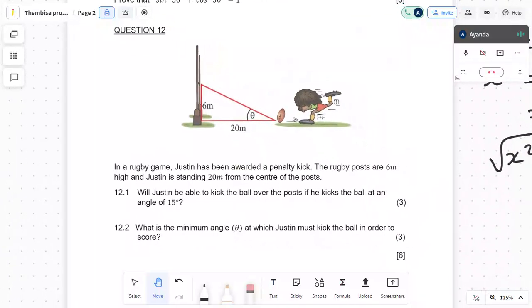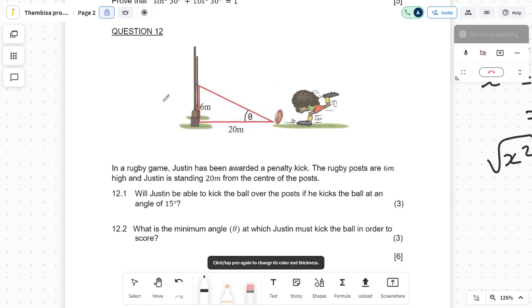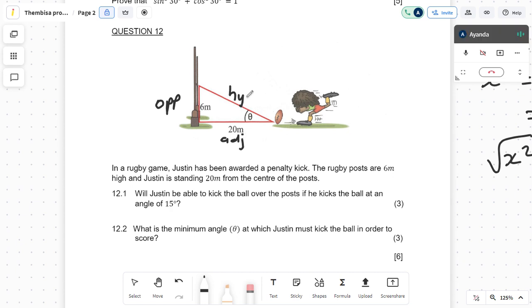Here's the last question. Question 12. In a rugby game, Justin has been awarded a penalty kick. The rugby posts are 6 meters high, so that's our Y. And Justin is standing 20 meters from the center of the posts, so that's our X. And if we have theta here, the 6 meters is opposite, 20 meters is adjacent, and this is our hypotenuse.